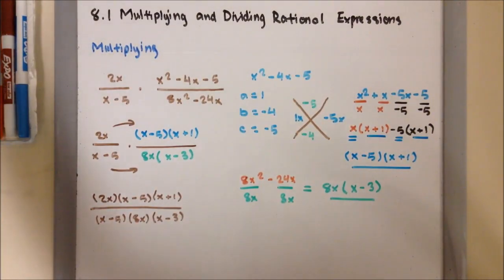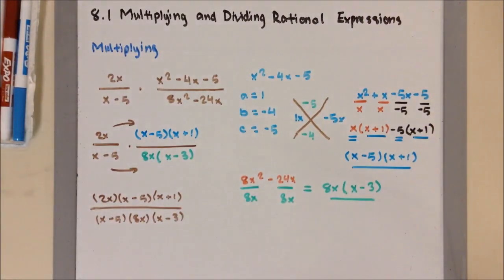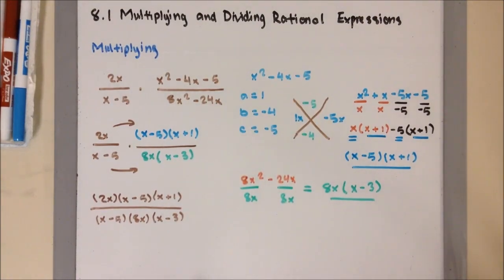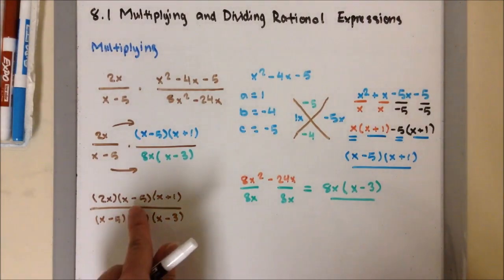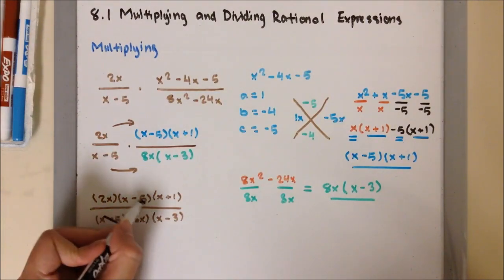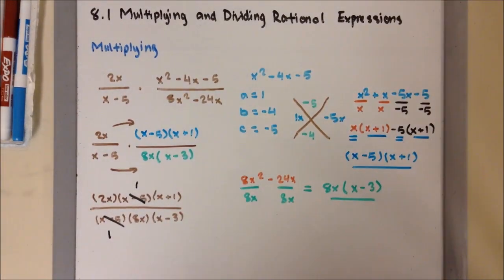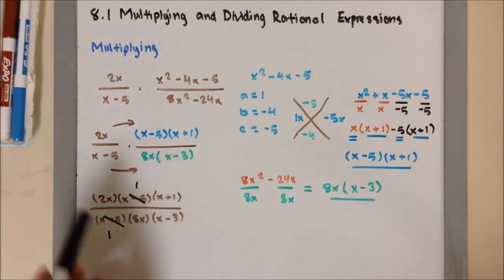Alright, now we're going to focus on simplifying, meaning that we're going to divide common factors that you see in the numerator and the denominator. So let's take a look. I notice that I have an x minus 5 in the denominator and an x minus 5 in the numerator. So I'm going to divide them, and they're both going to become 1. Next, I'm going to take a look at the 2x and the 8x. They're both divisible by 2 and x.